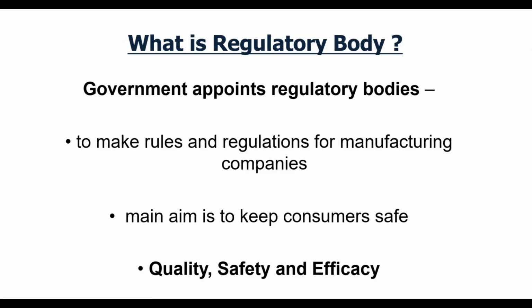These authorities make rules and regulations for manufacturing companies, that is, the guideline or testing requirements. It is their responsibility to keep consumers safe, so that only safe, quality and efficacious products are introduced in the market.